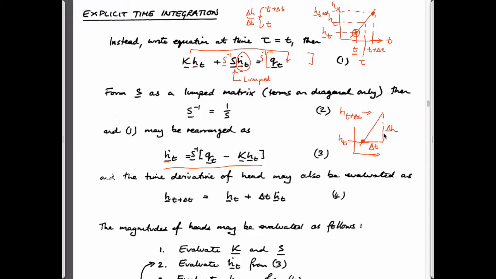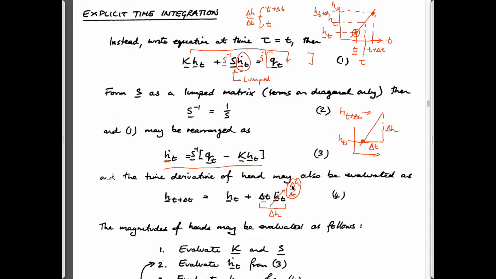So if you multiply this gradient dh/dt by delta t, so this here is delta h over delta t, which of course, if you look at this figure, is the slope of that line, which we want to be able to define. If we know what this is, and we multiply it by the time step, by definition this term here is just delta h.